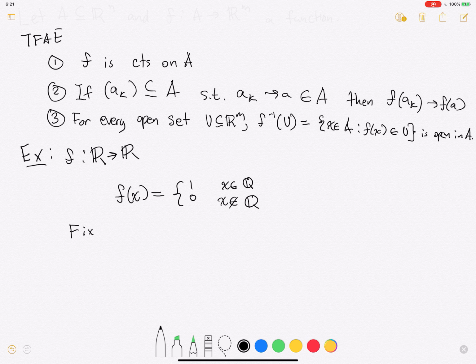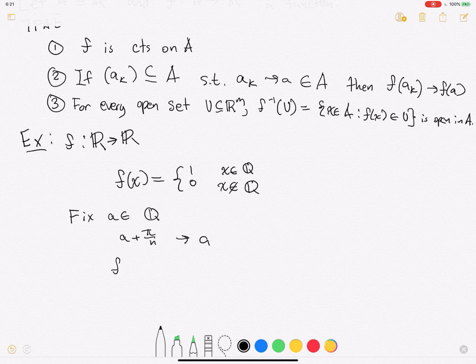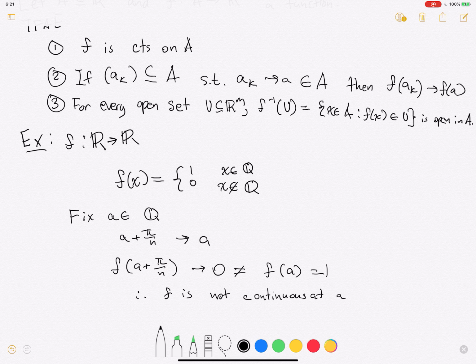So let's fix an a in Q. If you take a plus pi over n, that converges to a as n goes to infinity, but f of a plus pi over n goes to 0, which is not the same as f(a), which is equal to 1. So f is not continuous at a by property 2.